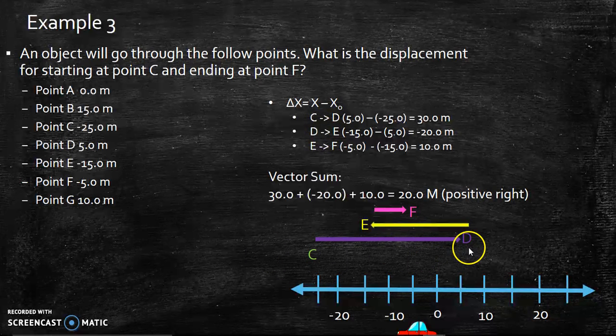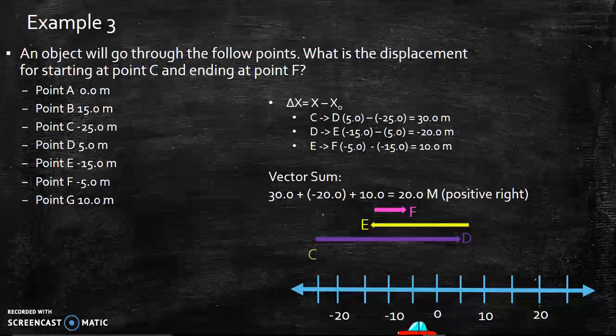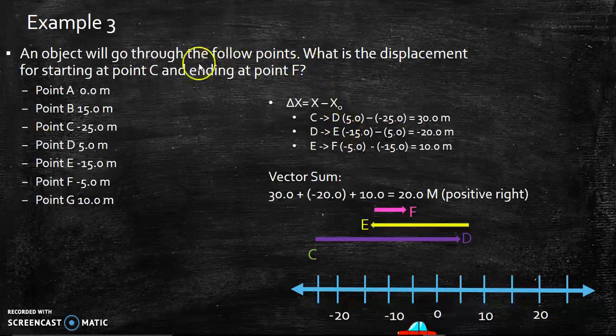So from C to D, the initial position is negative 25, the final is 5, so to set it up into that formula will be 5 minus negative 25, which is going to give you 30 meters. From D to E, the initial is 5, the final is negative 15, so if we plug it in, the final is negative 15 minus 5, and that's going to give us the negative 20 here.